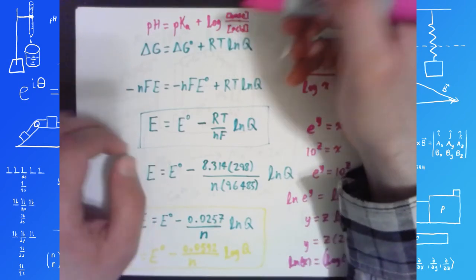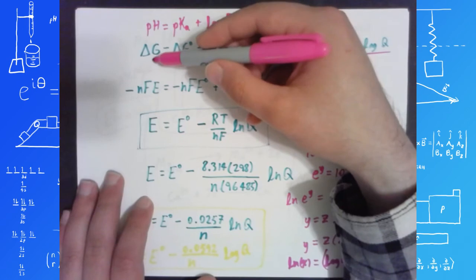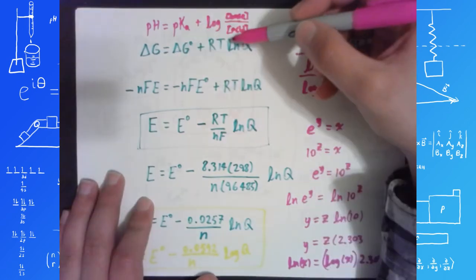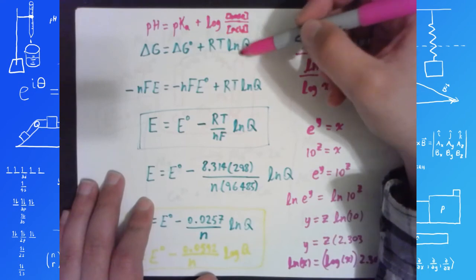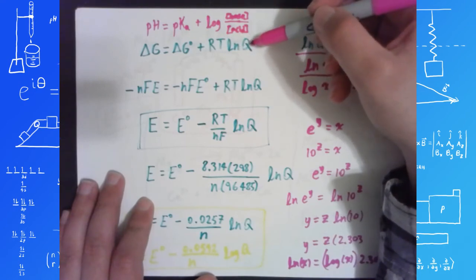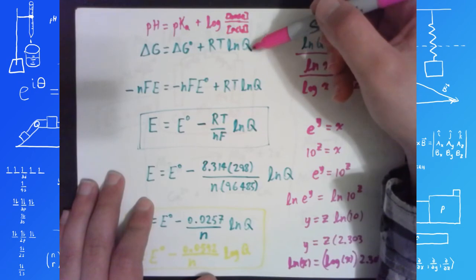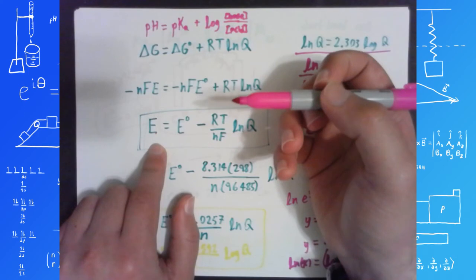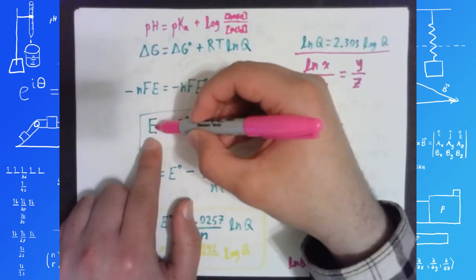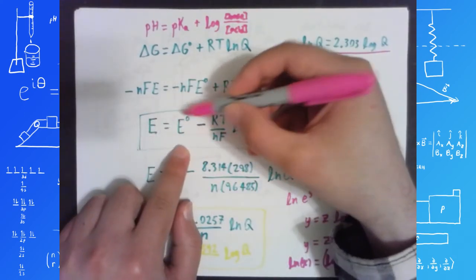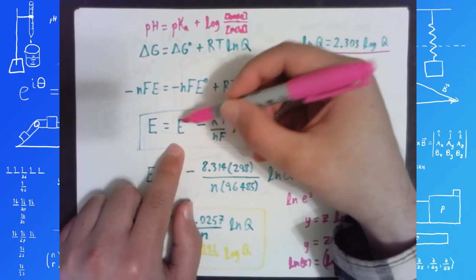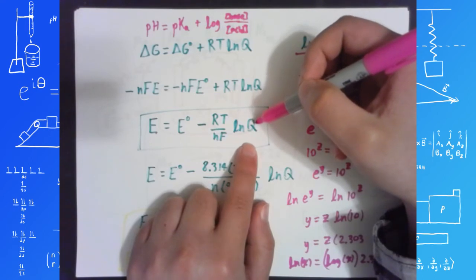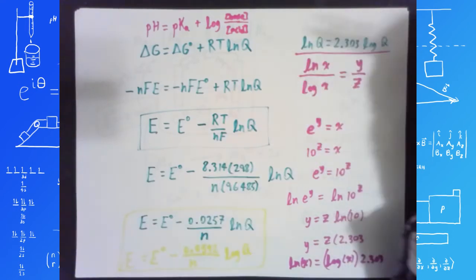And we showed that something similar is going on with delta G. So delta G is some sort of starting value modified by a logarithm involving concentration ratios or pressure ratios. And same thing for cell potentials. So a cell potential is equal to some standard, some starting value modified by the logarithm of some ratio.